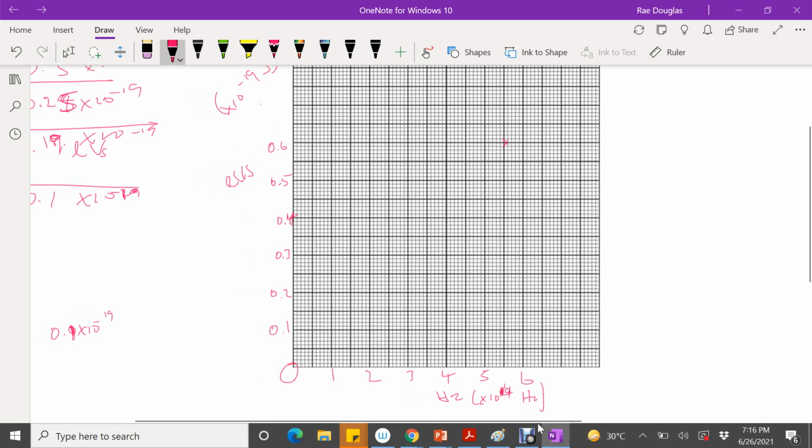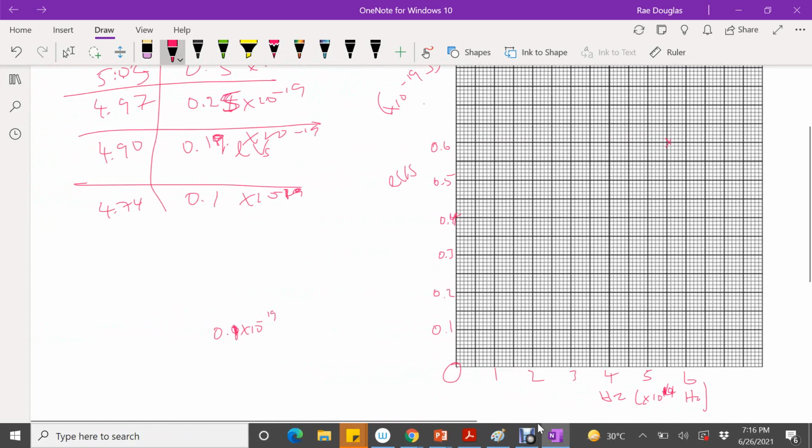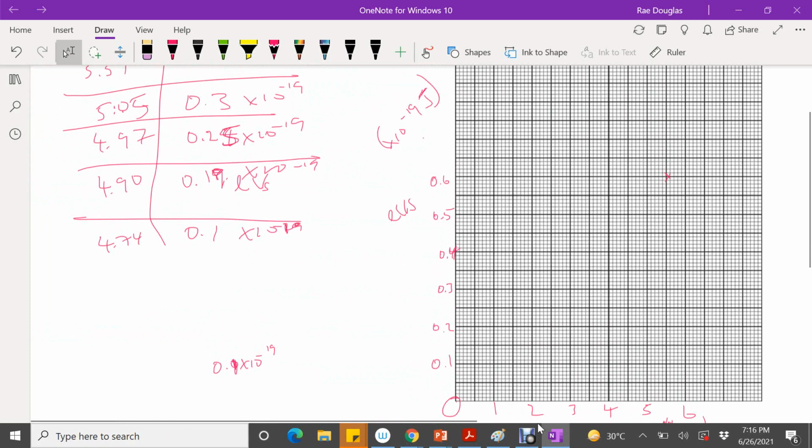So then the next value that we're looking at is 5.05 to 0.3. So right about there. Then now 4.9.